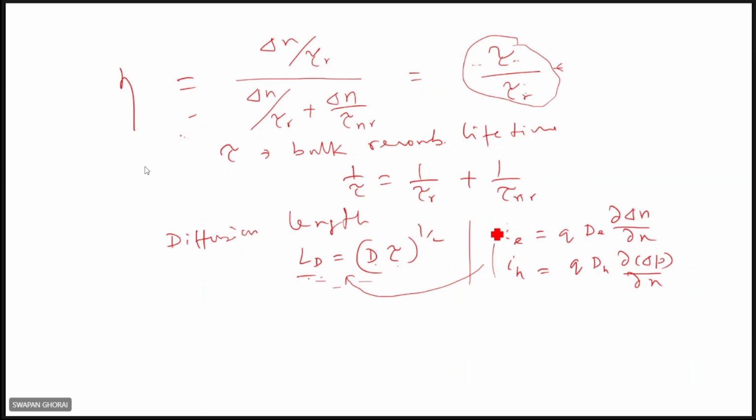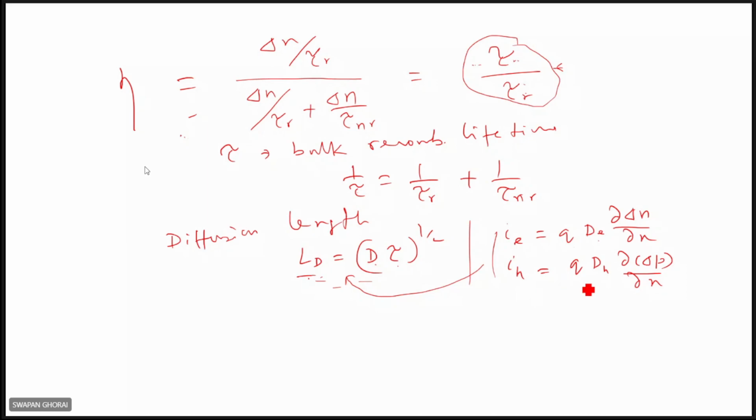Have a quick look. Suppose in a semiconductor the current is due to holes. Then we can write I by A, taking A equal to unity area, as current per unit area. If you consider A equal to 1, then the current due to electrons will be q D_n times the gradient of electrons, del n by del x.